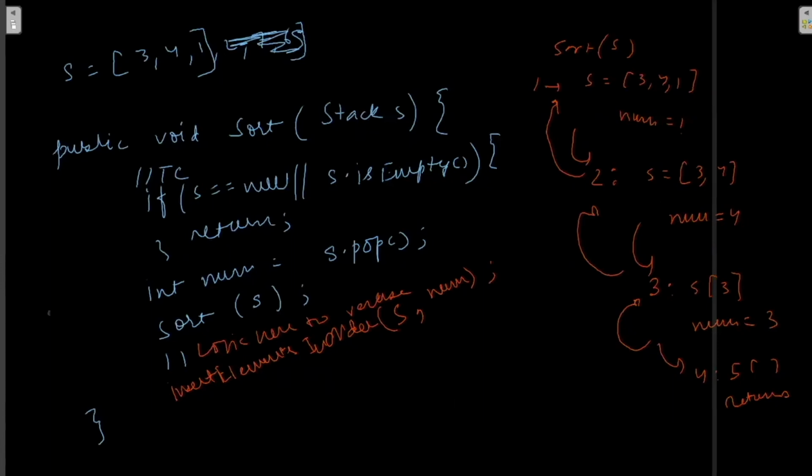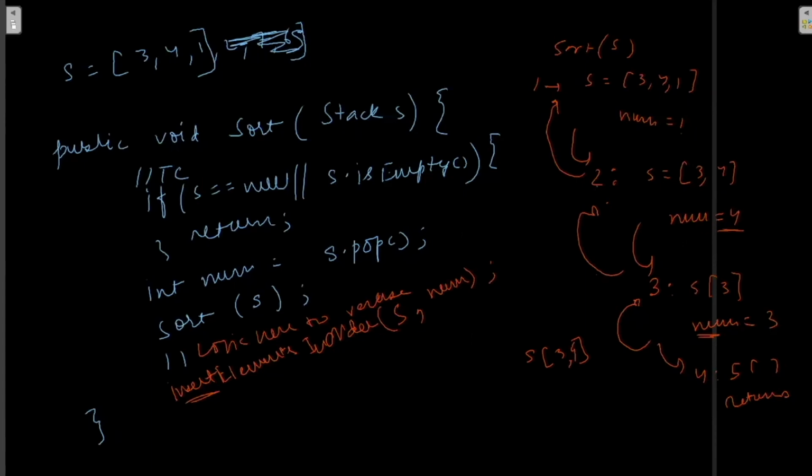So first of all, when it is returning from the fourth step to the third step, now the number is 3, right? This time the stack was empty, so it will simply go and put 3 in the stack. Then when it went from step 3 to step 4, the number is 4, which is more than 3, so it just put 4 here.